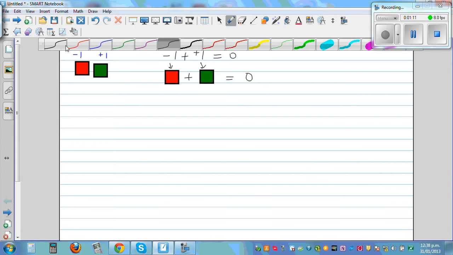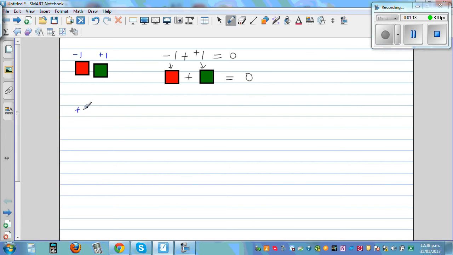Okay, let's start with the first example. How would you do +4 take away +3? This is very easy to understand. This is nothing but asking what is 4 take away 3, and you should know this is 1. But let's do this using the algebra tiles.